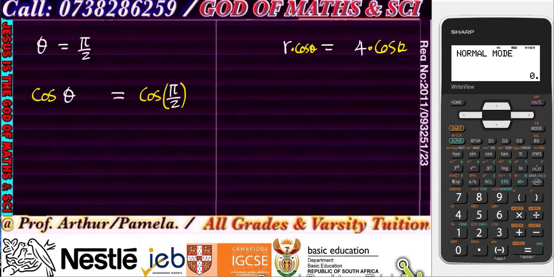Yes. Okay, fine. And then the next thing we say, okay, now we want to put the R on both sides. You multiply by R here, you multiply by R there. Now this one is now x. You now have x equals R times cos of pi over 2, which is 90 degrees. Now what is cos of 90?